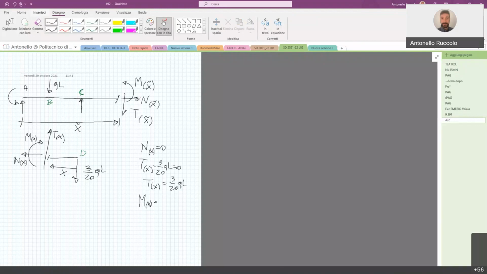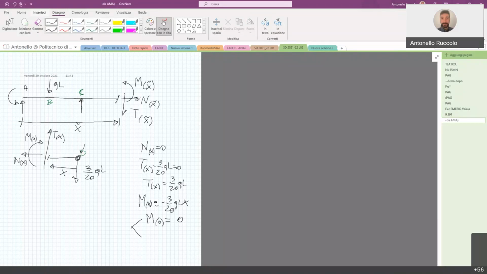Which is minus 3/20 QL times x. This is x, even if it doesn't seem. So it is linear. M where x is equal to 0, which is the node D, is 0.